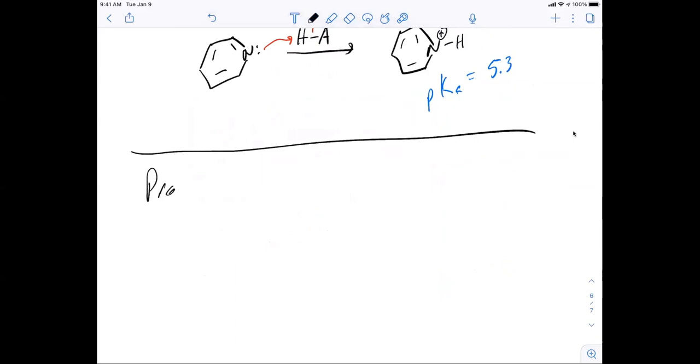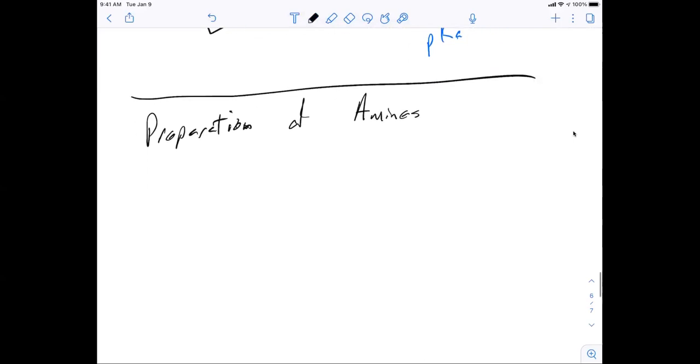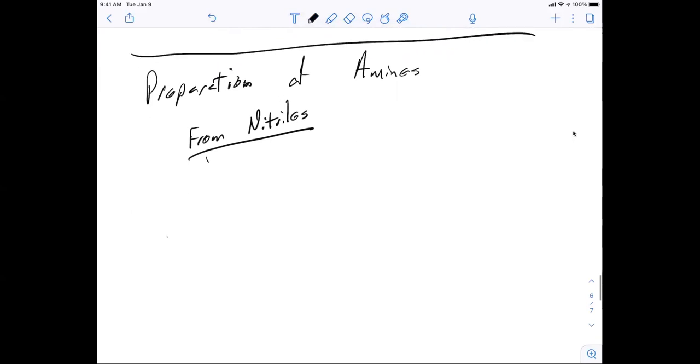Preparation of amines. From nitriles. Nitrile is a good nucleophile, right?